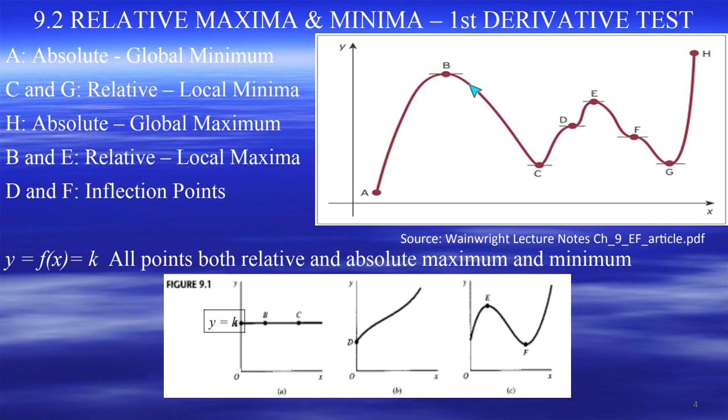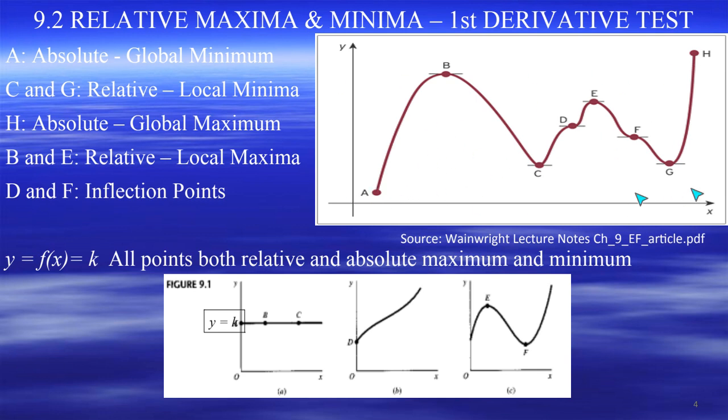So we have the point A. Let's assume that the domain of definition of this function starts from A and ends at H. It doesn't continue further. We will analyze this part of the function.